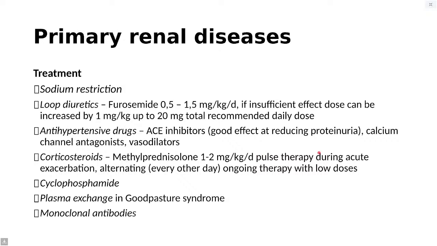This is given during acute exacerbation, and afterwards on alternating days, then ongoing therapy with low doses. The next group is cyclophosphamide, and plasma exchange in Goodpasture syndrome. Nowadays the nephrologists use monoclonal antibodies.